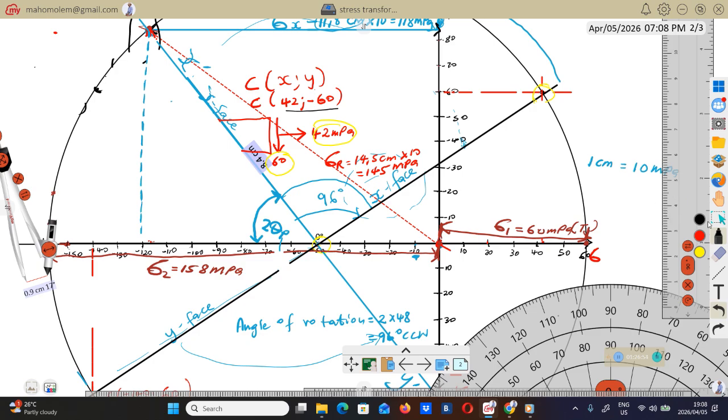In other words, remember this line here, we said this is the principal plane, where we're going to have principal stresses.